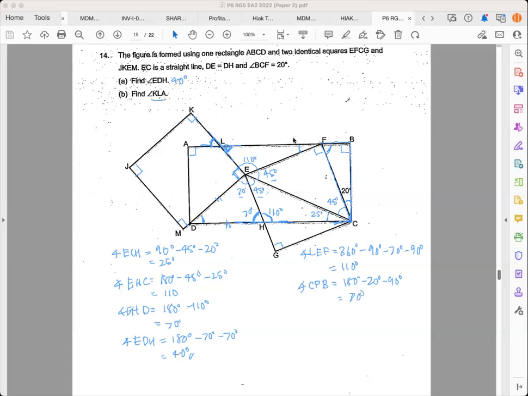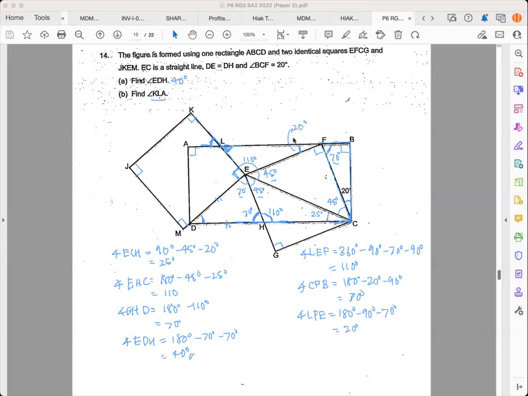So this is 70 degrees. So now we can find angle LFE, which is this angle. Angle on a straight line, 180 degrees minus 90 minus 70. I will get 20 degrees. So this is 20 degrees.